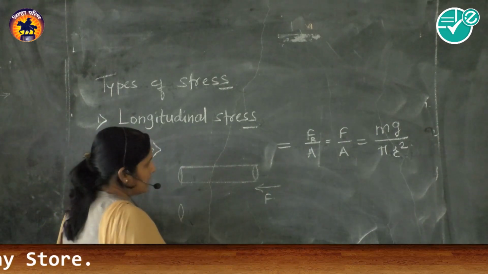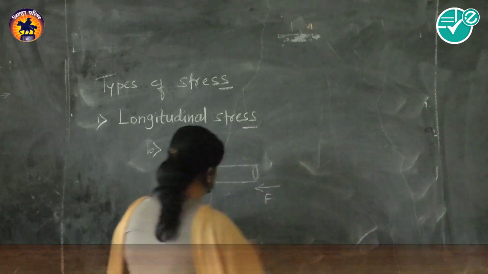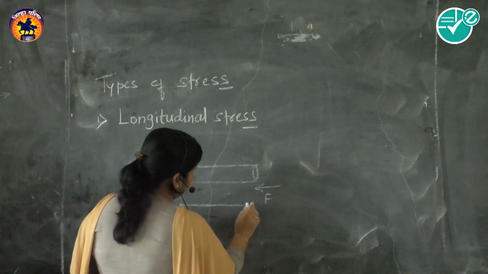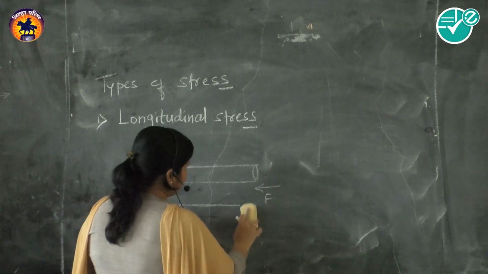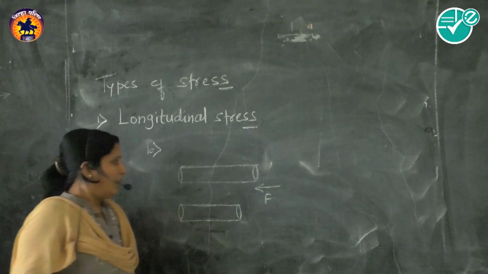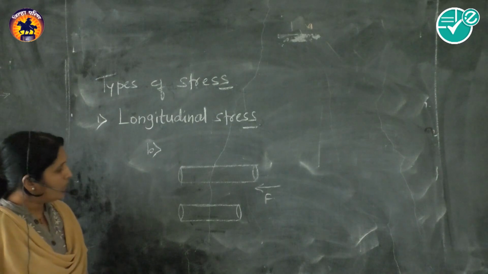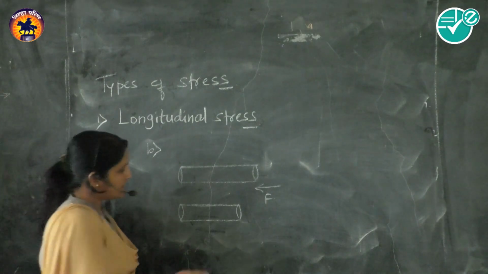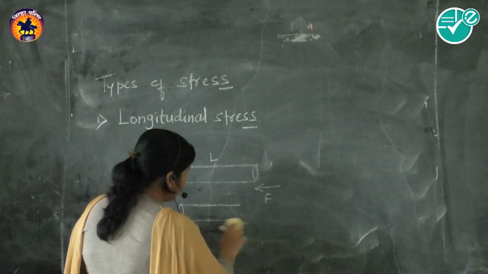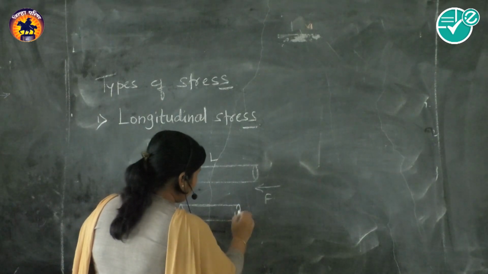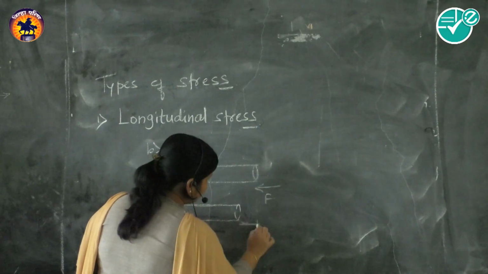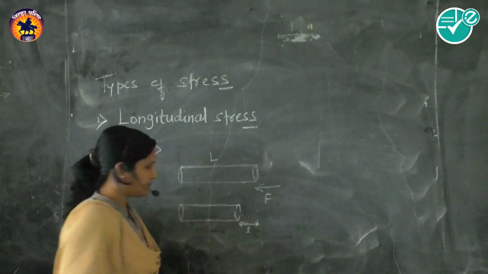When force is applied in this direction, instead of increase in length, the length of the rod decreases. Now, by how much quantity this length decreases? Original length of the rod is suppose L. Now, length of the rod decreases by, for example, small l. So this is actually decrease in length.